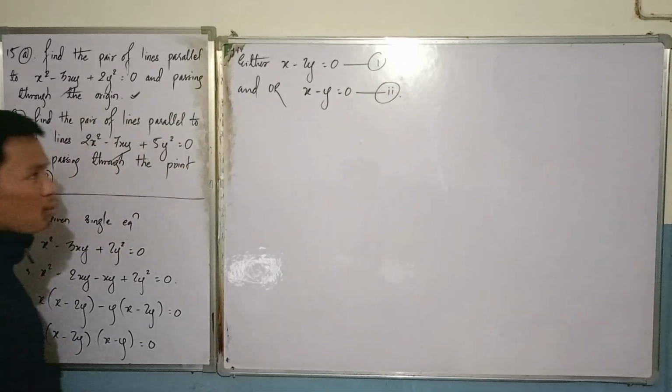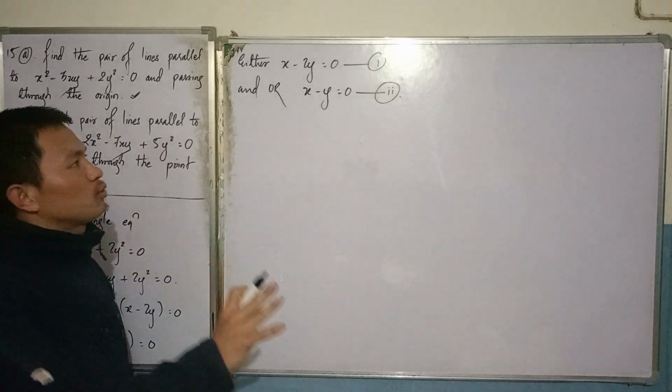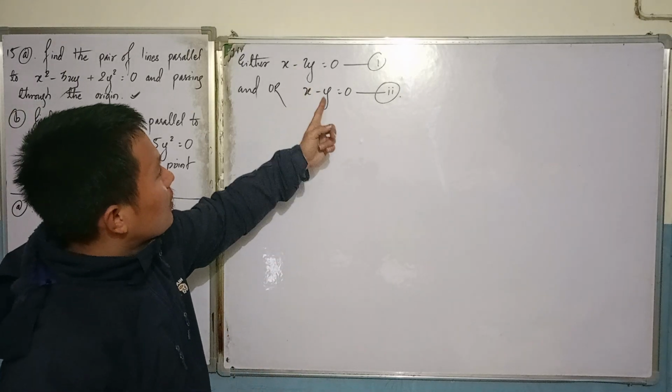Now you have to find two other lines which are parallel to this and this.